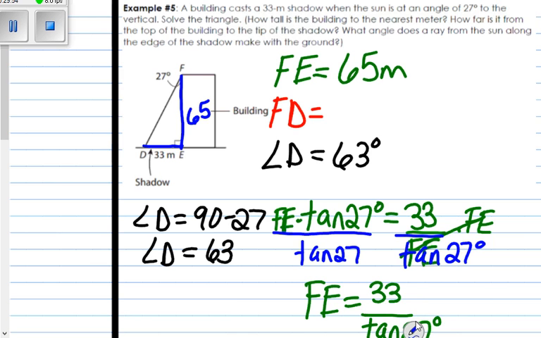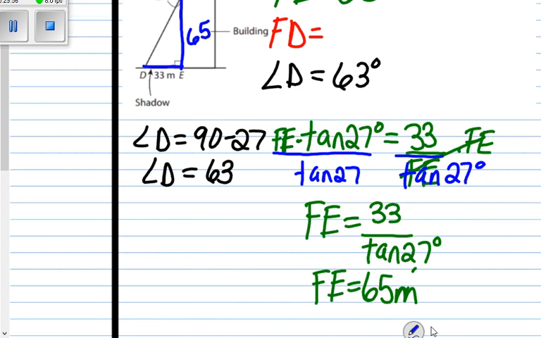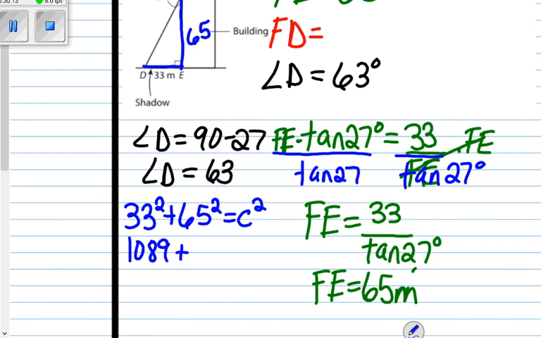So the Pythagorean Theorem is the 2 legs squared. So 33 squared plus 65 squared equals c squared. What is 33 squared? 1089. Plus what is 65 squared? 4225 equals c squared.